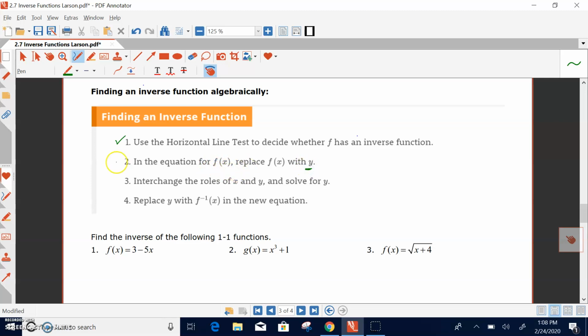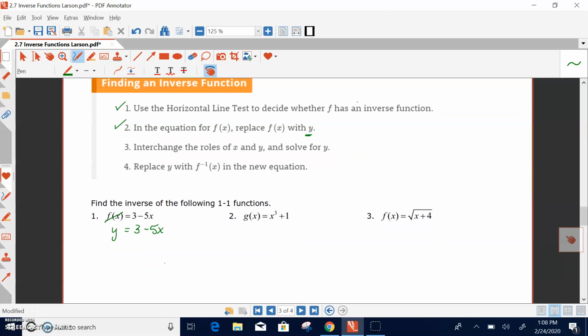So we're going to go back to our old notation. Take out the f of x and put in a y. Then what we're going to do is interchange the roles of x and y. So that means I'm going to swap out x's and y's this way. So interchange x and y, we're swapping out x and y.